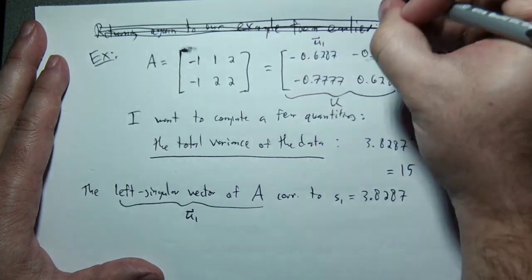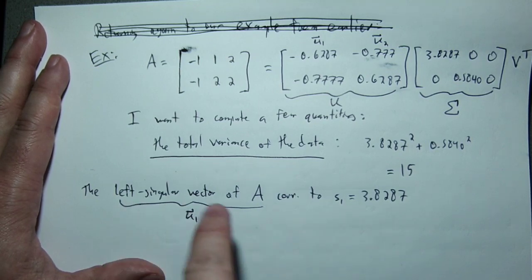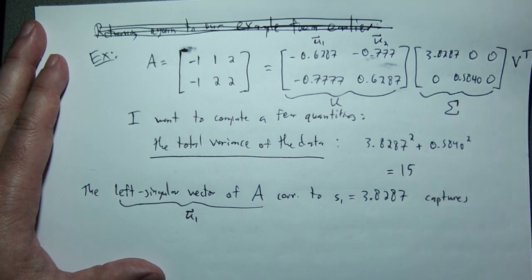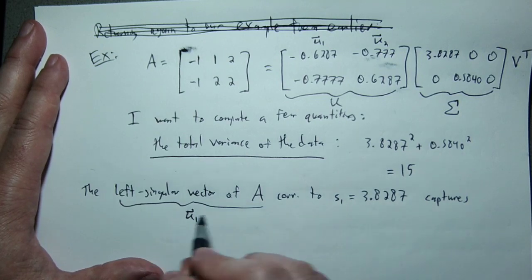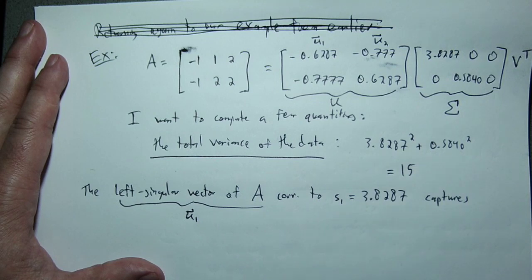So this is U sub 1, this is U sub 2. The left singular vector of A corresponding to S sub 1 captures how much of the total variance in the data? Well, in order to compute this, I would take S sub 1 squared and divide by the total variance.